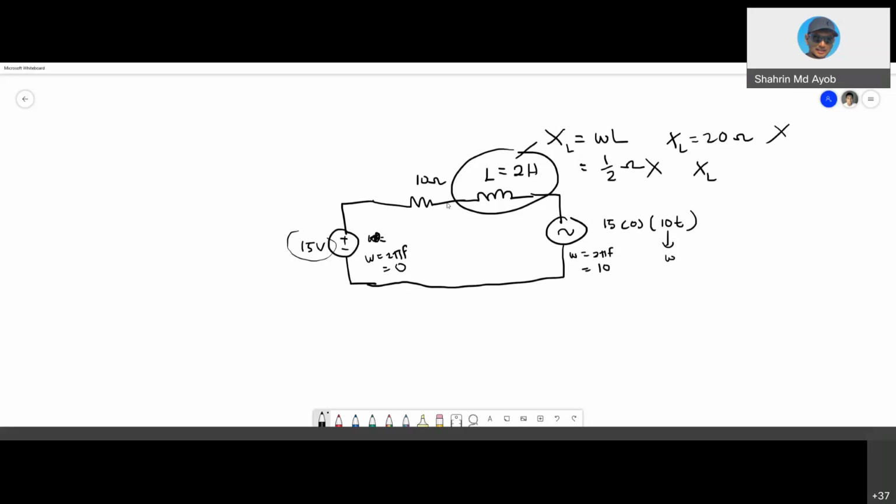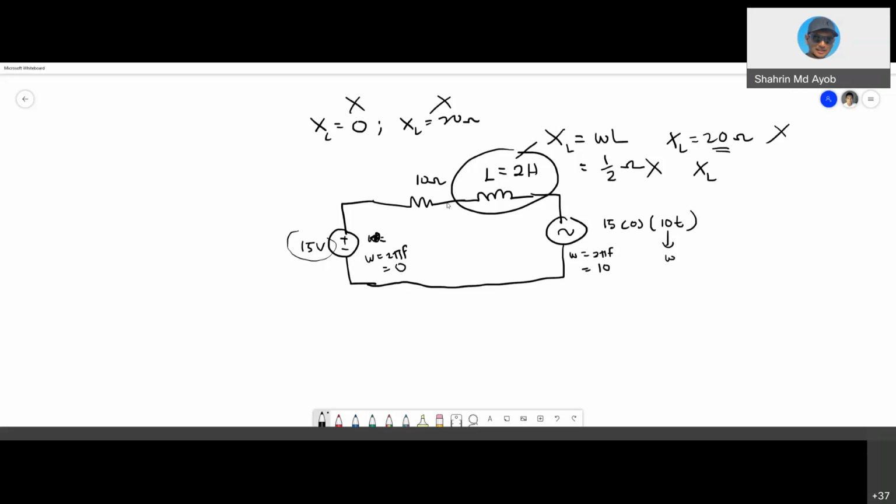But if you consider AC, the inductor should have some value, which should be 20 ohm. So you have a value of either 0 or 20. But this is actually totally wrong. This is not acceptable.